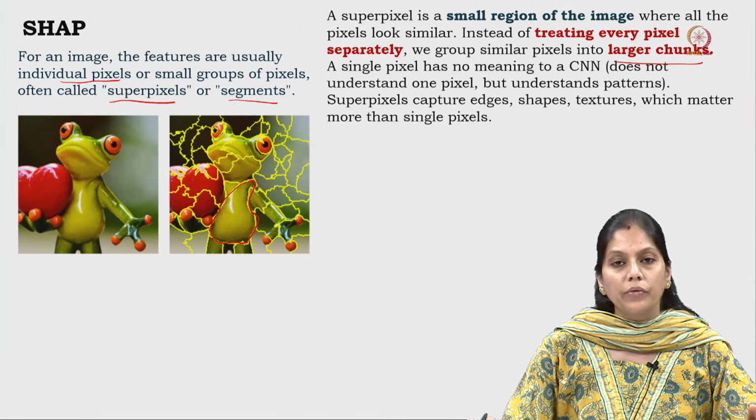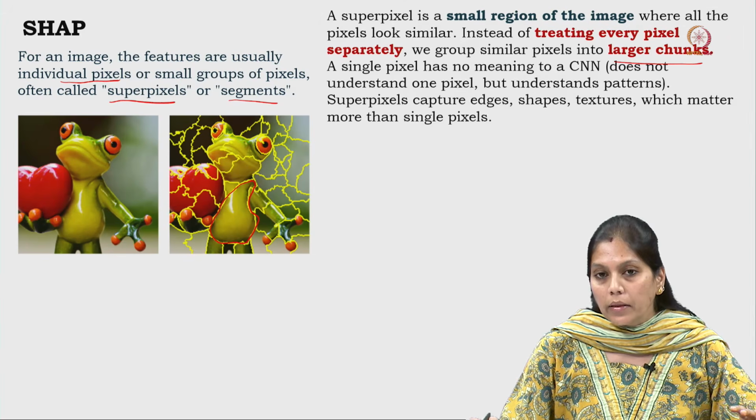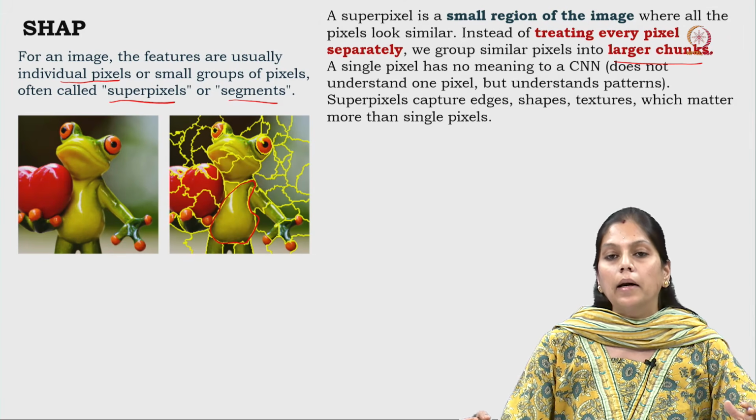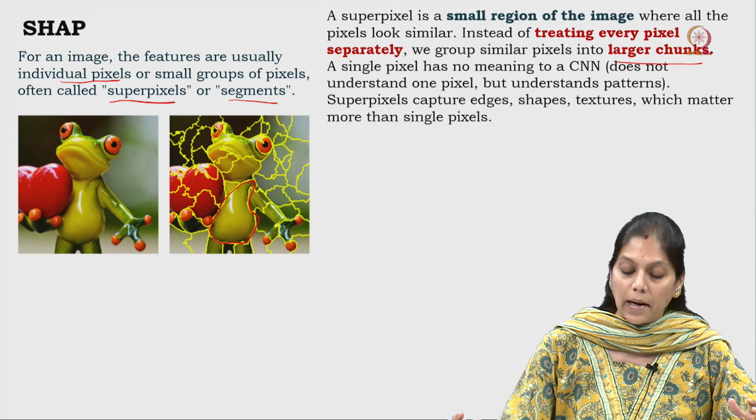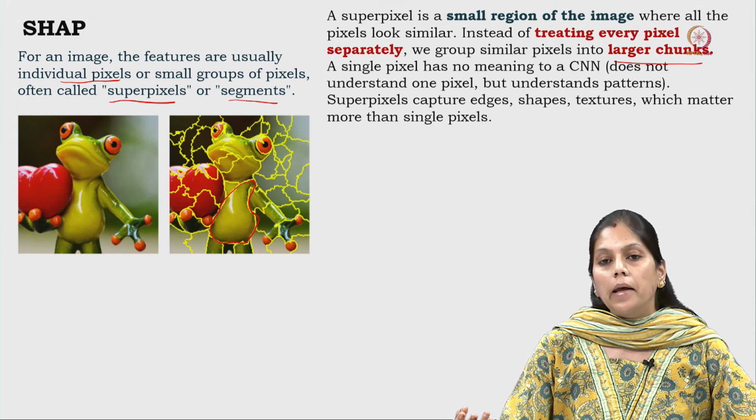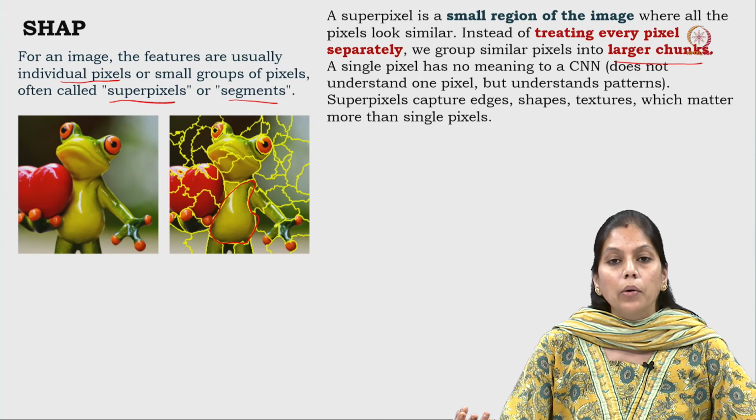Why do we have to do this? Because we are dealing with images. Ultimately, the algorithm that we will be using, the model that we will be building, is a CNN. Now, for a CNN, a single pixel does not contribute anything.